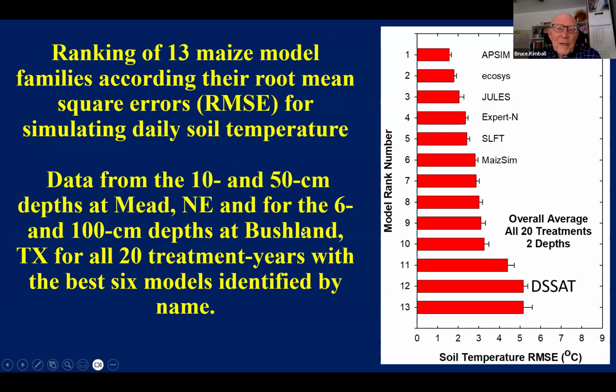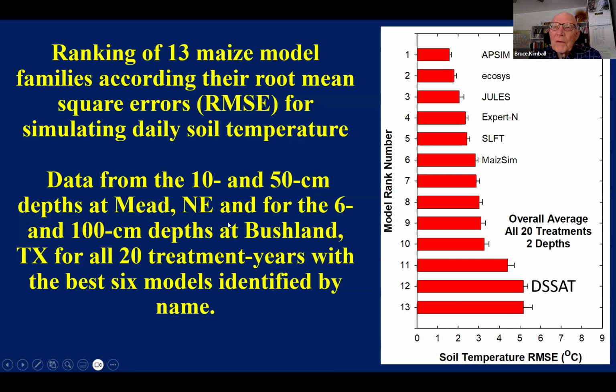The Bushland measurement of evapotranspiration was from lysimeters, the gold standard, and Mead was eddy covariance. But that's kind of irrelevant here. In any event, there were a total of 20 different treatment years worth of data.